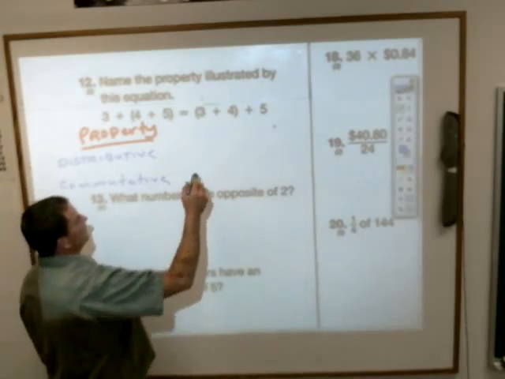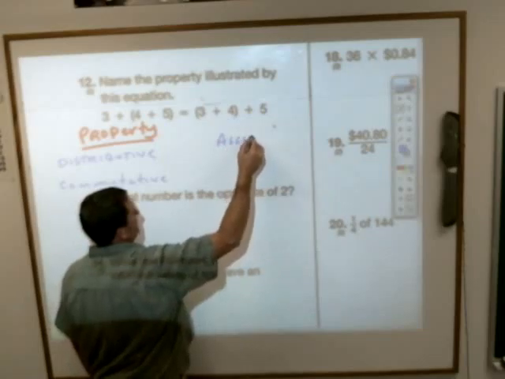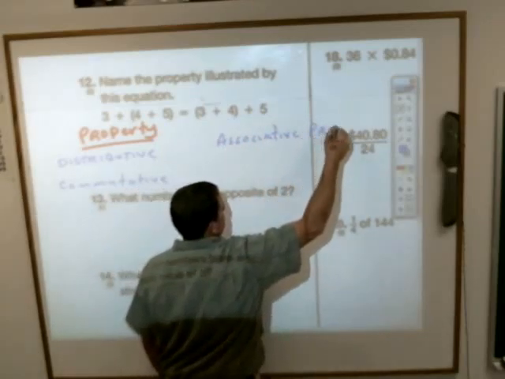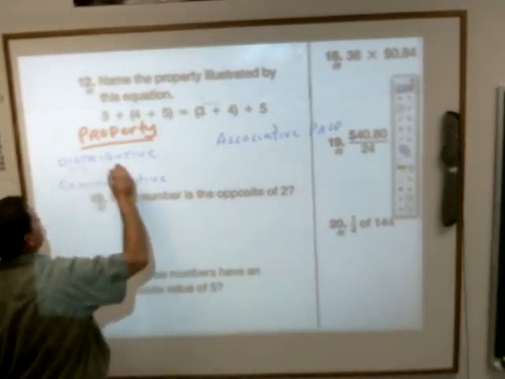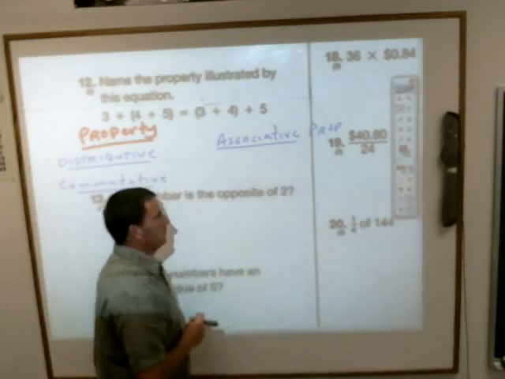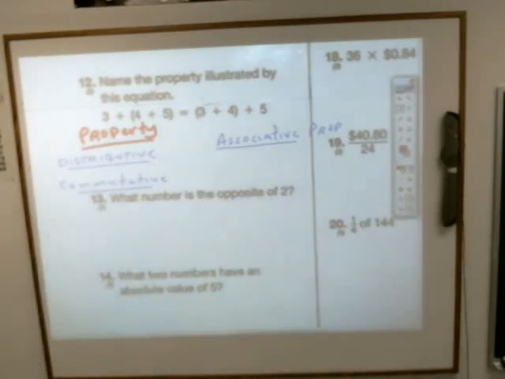Lauren, the associative property. We're just going to talk about these three right now because these are the main ones. If you just look at the words by their names, you will be able to figure these out pretty easily.